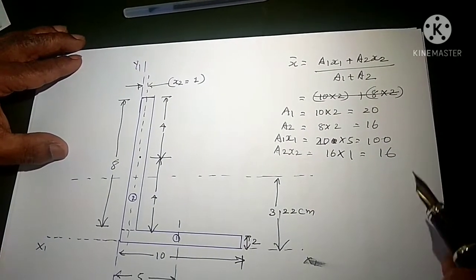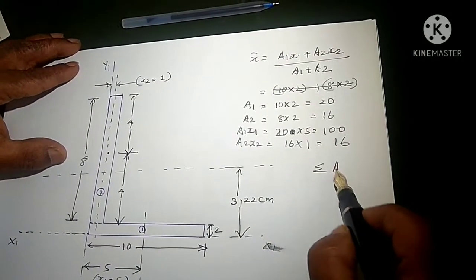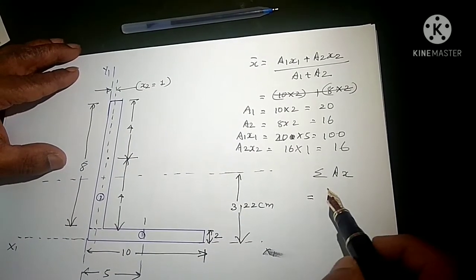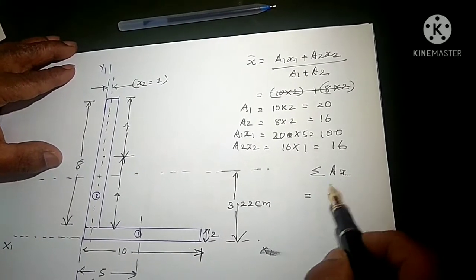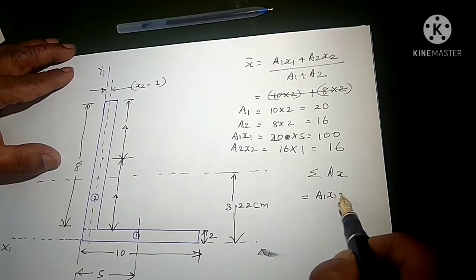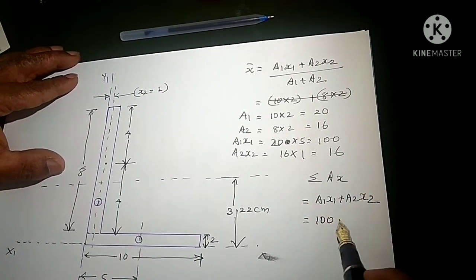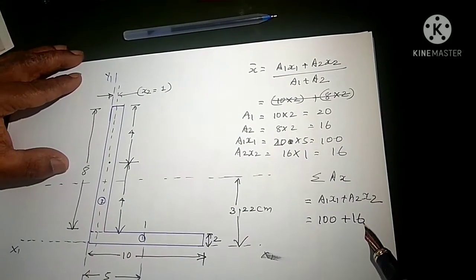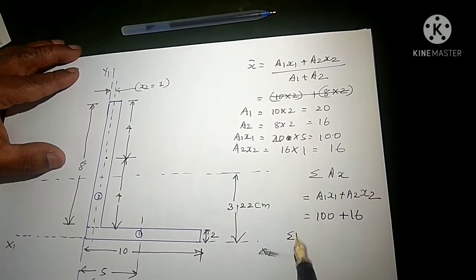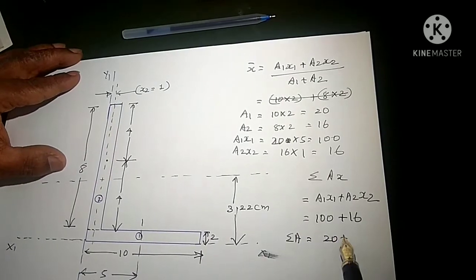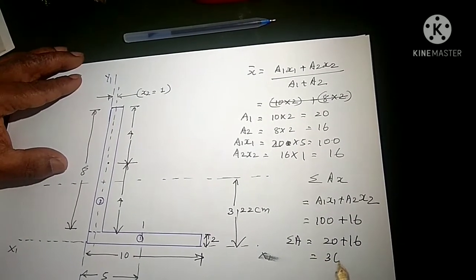Therefore, sigma AX is equal to A1 x1 plus A2 x2, which is equal to 100 plus 16. What is sigma A? Sigma A is equal to 20 plus 16, which is equal to 36.